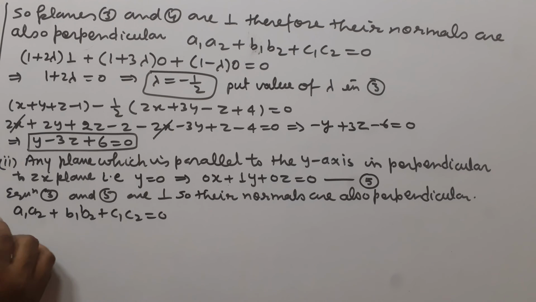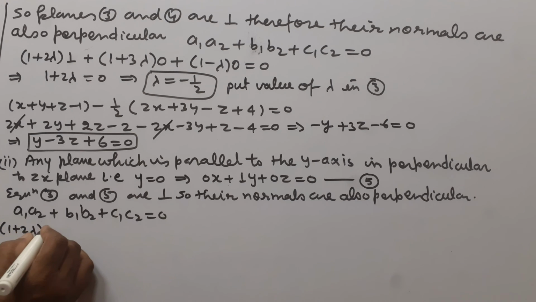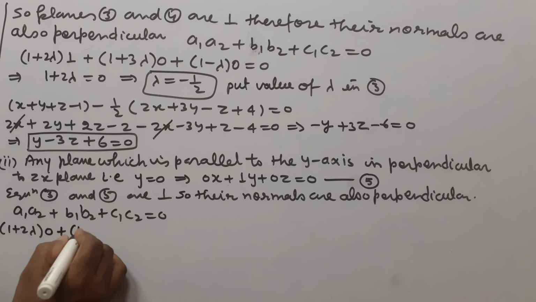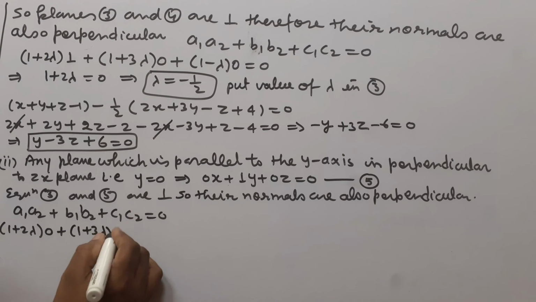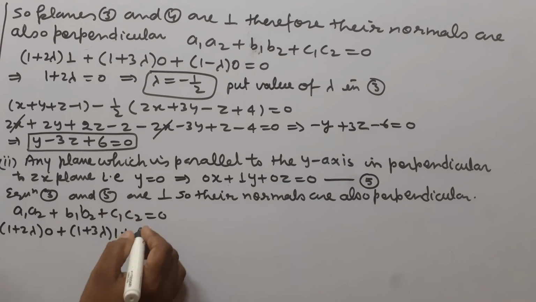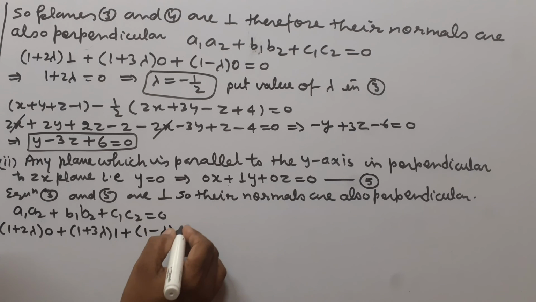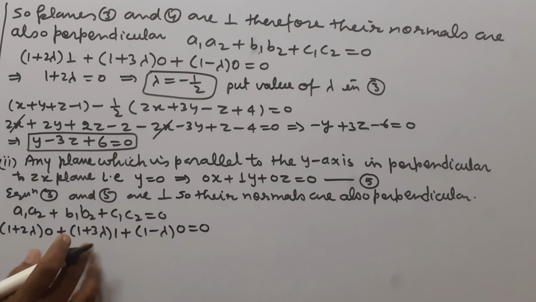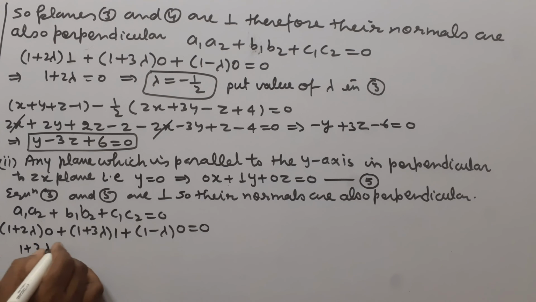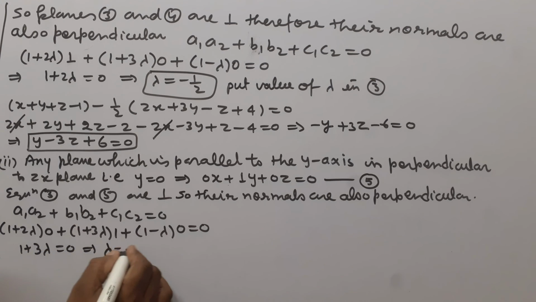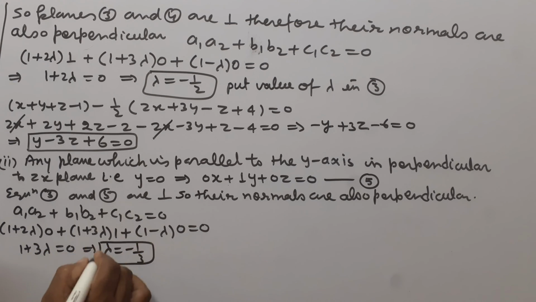So a1 is 1 plus 2 lambda, a2 is 0, b1 is 1 plus 3 lambda, and b2 is 1, c1 is 1 minus lambda, and c2 is 0. So 1 plus 3 lambda is equal to 0, we get lambda is equal to minus 1 by 3.